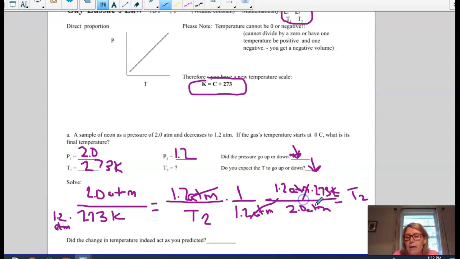So I cross out the units. 1.2 times 273 divided by 2.0.